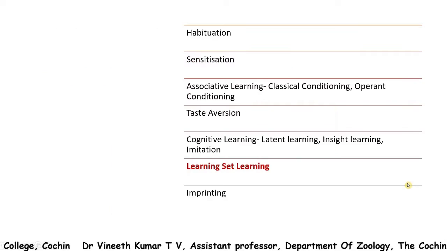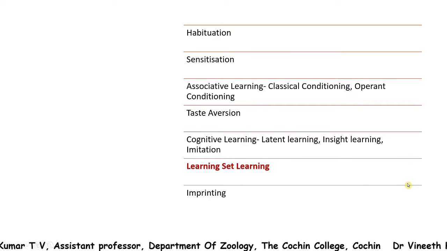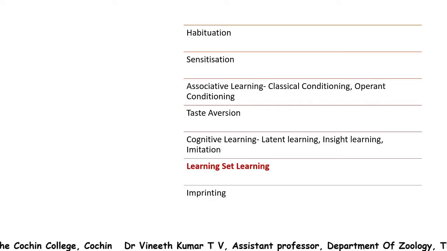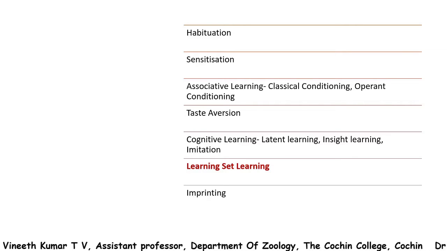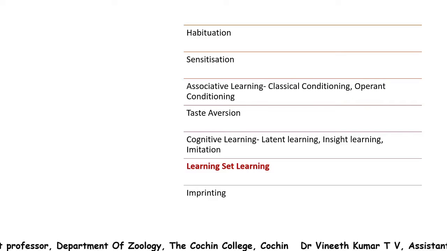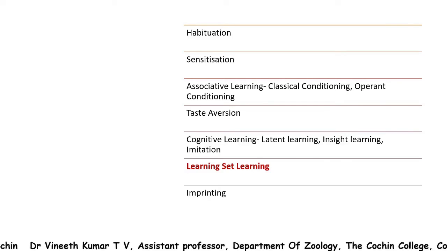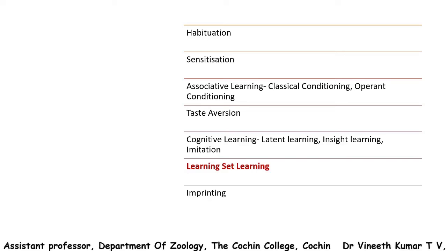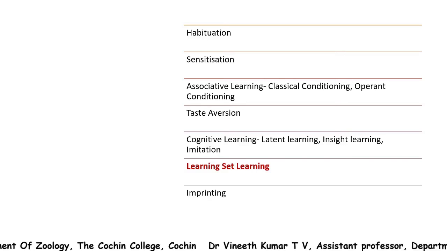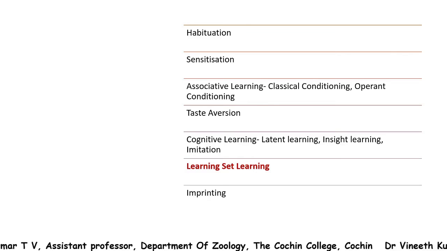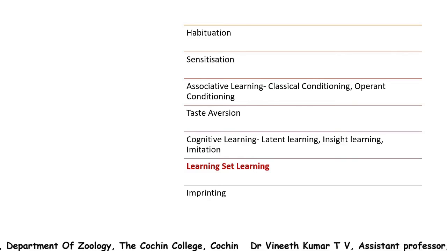With this we come to the end of the session on the type of learning called cognitive learning. In cognitive learning we discussed latent learning, insight learning, and the last one, imitation. In the next session we'll be discussing another type of learning, which is called learning set learning. Thanks for listening.